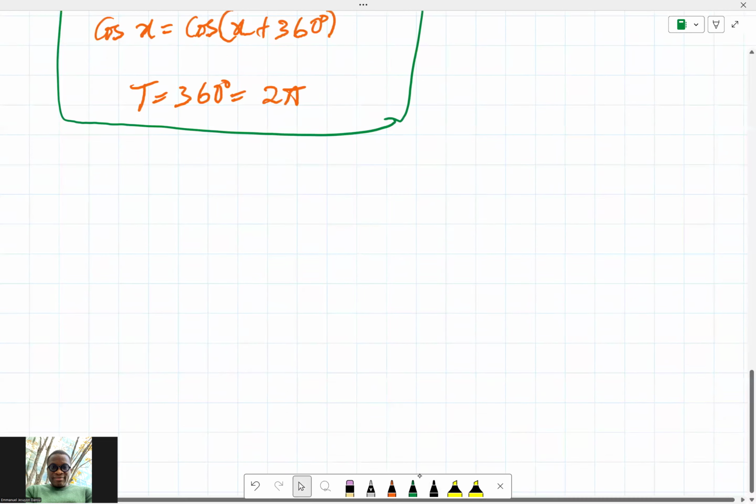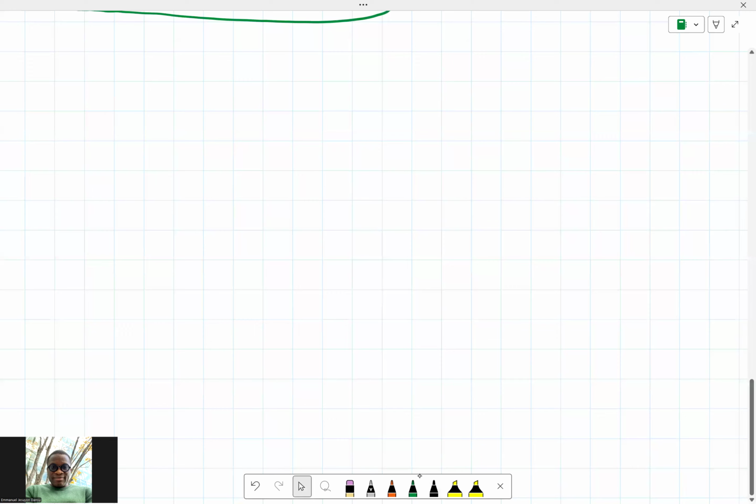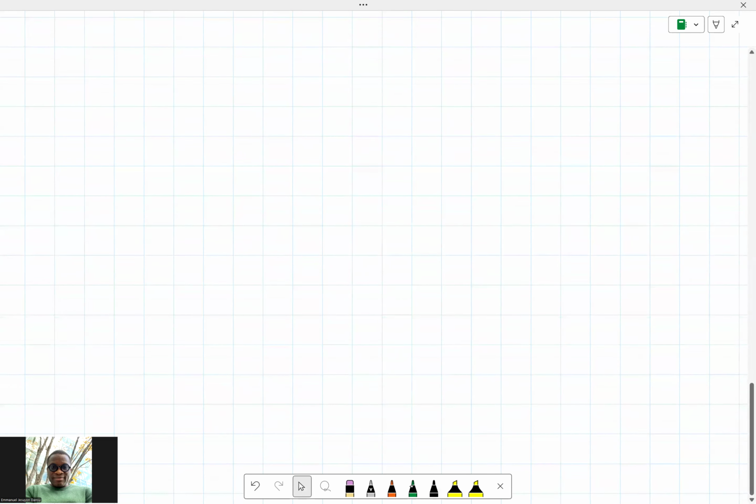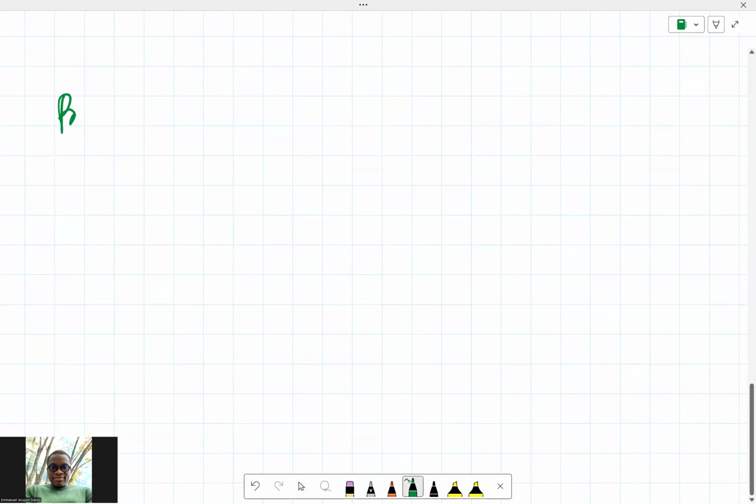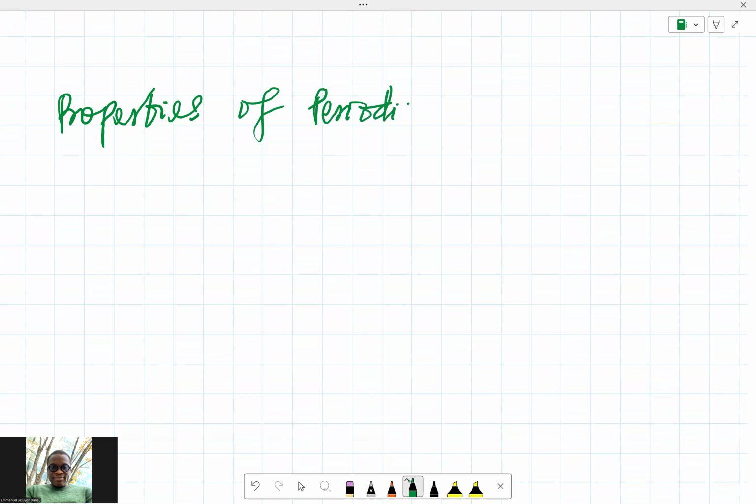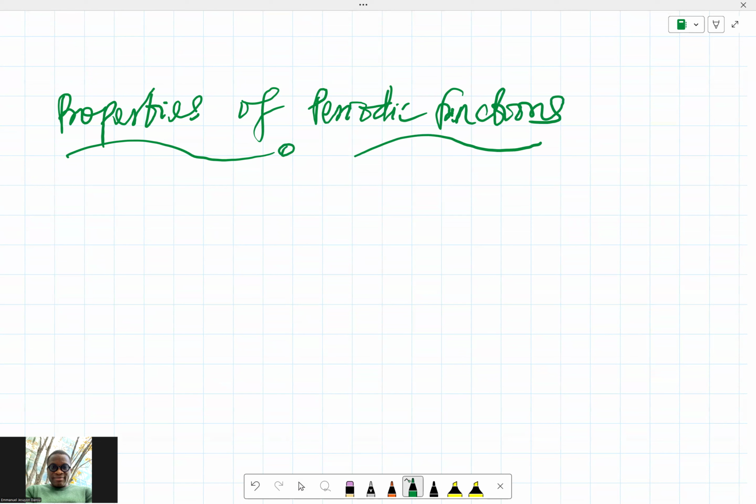All right. So having done that, let's look at some properties of periodic functions. Number one, we have repetition, as you can see already.